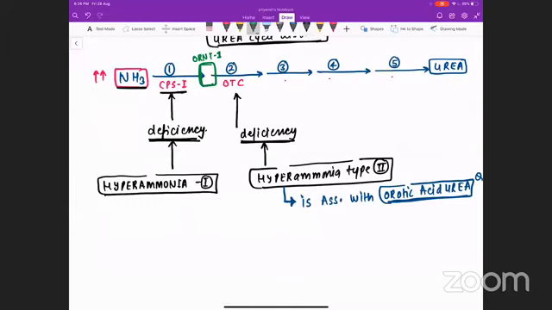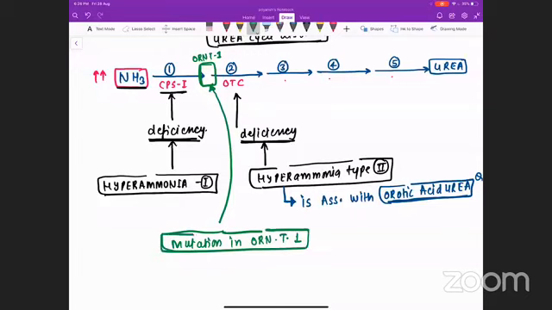The pathology that I want to discuss from this particular part is, if there is a mutation in ornithine transporter 1, again the urea cycle cannot occur because the ornithine will not go inside.